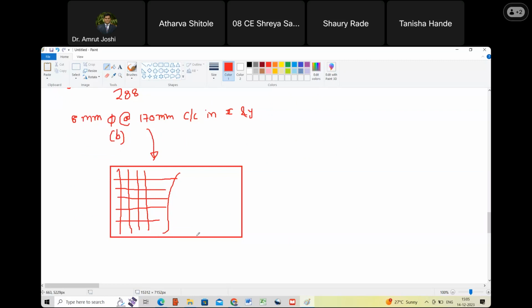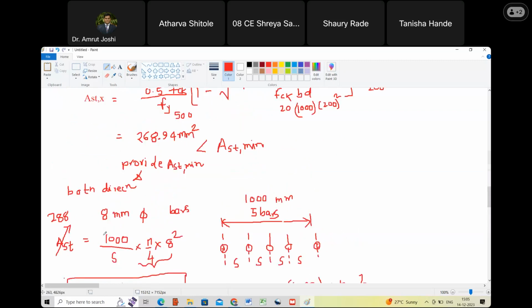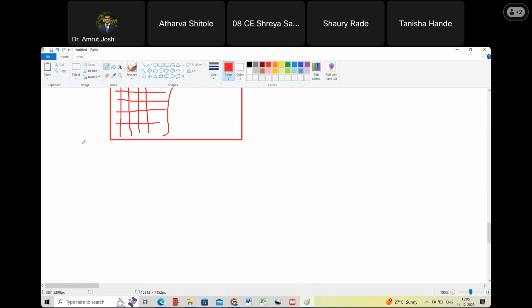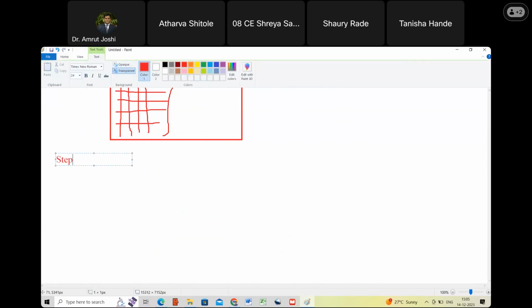Yes, sir. Okay. Now there remains the last check, after which we will stop for the day. So step 4, last check. What is the check? That is shear check. Are you with me? Yes, sir.